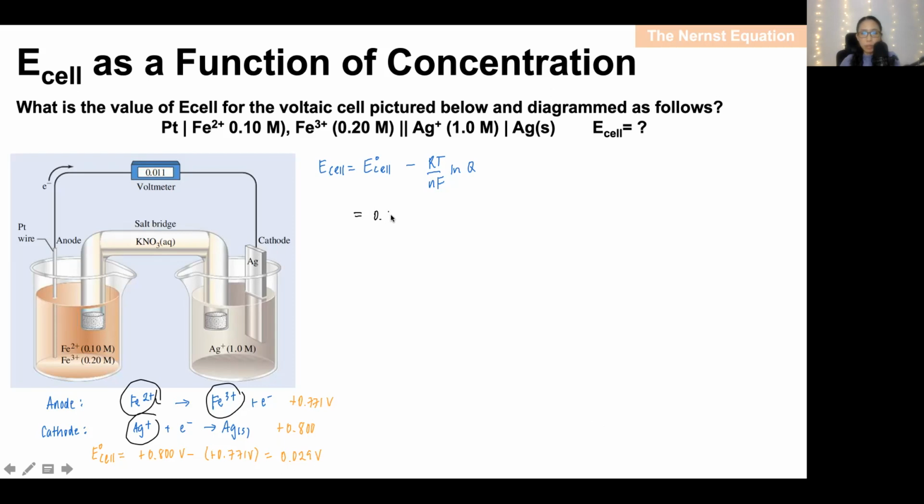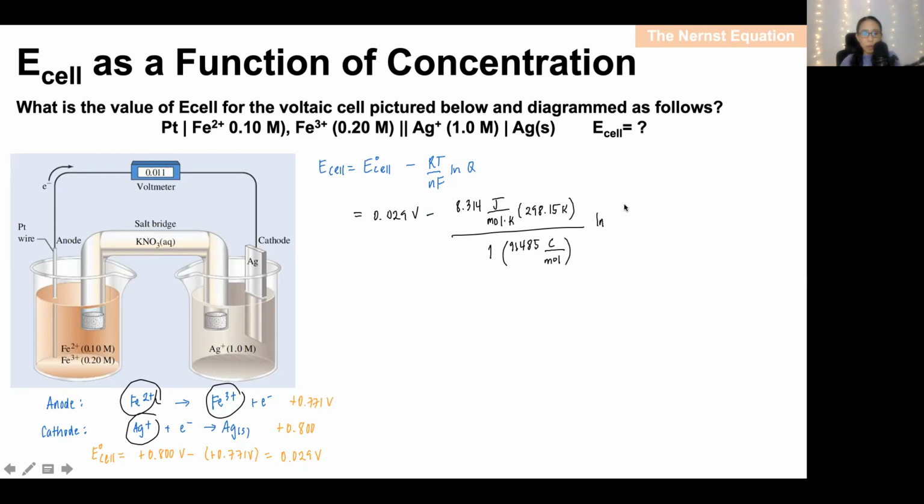So we have 0.029 volt minus 8.314 joules per mole per Kelvin times 298.15 Kelvin over 1 times 96,485 coulombs per mole, ln.